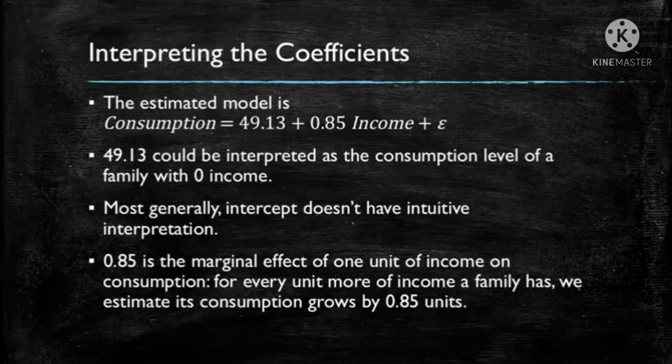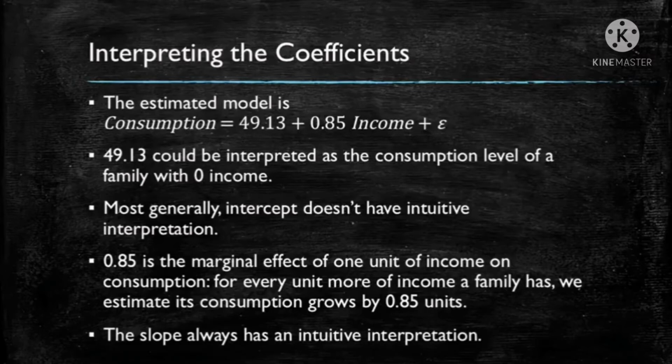So 100 times 0.85 means that for every $100 of income a family earns more per week in this case, the consumption will grow on average an expected $85. Worth noting, the slope will always have an intuitive interpretation, which is the sensitivity of the dependent variable to changes in the values of the independent variable.